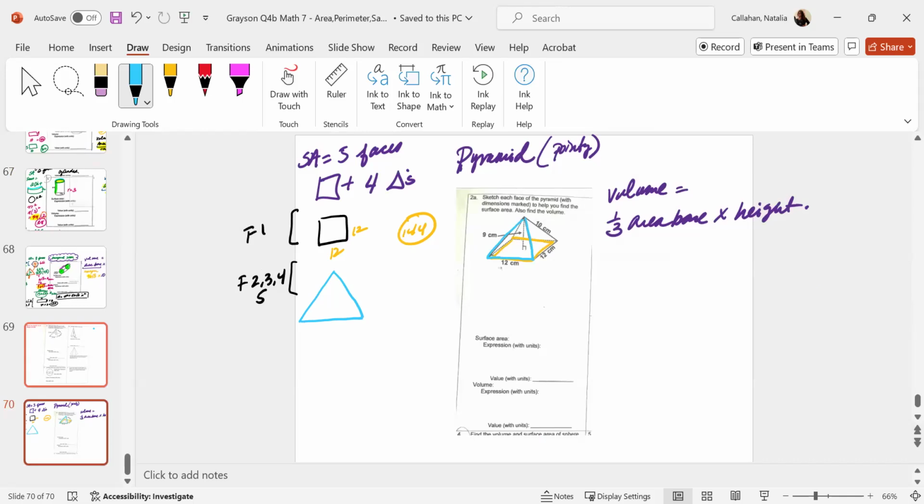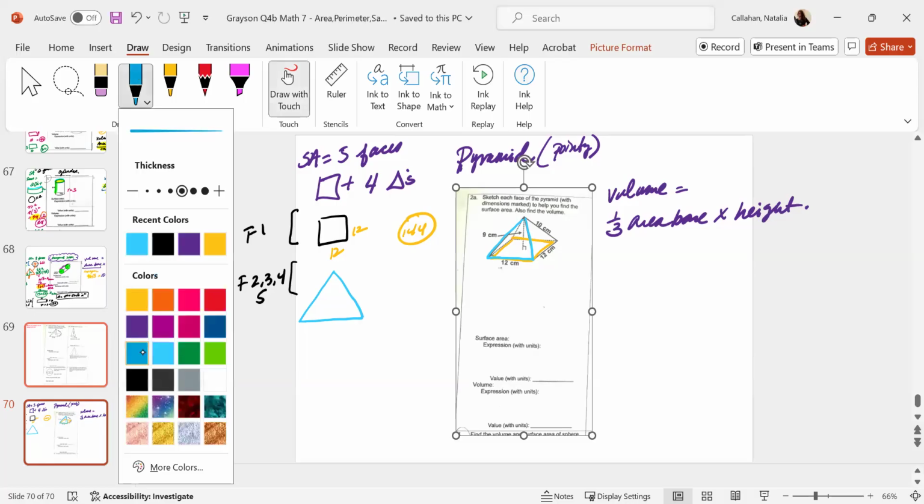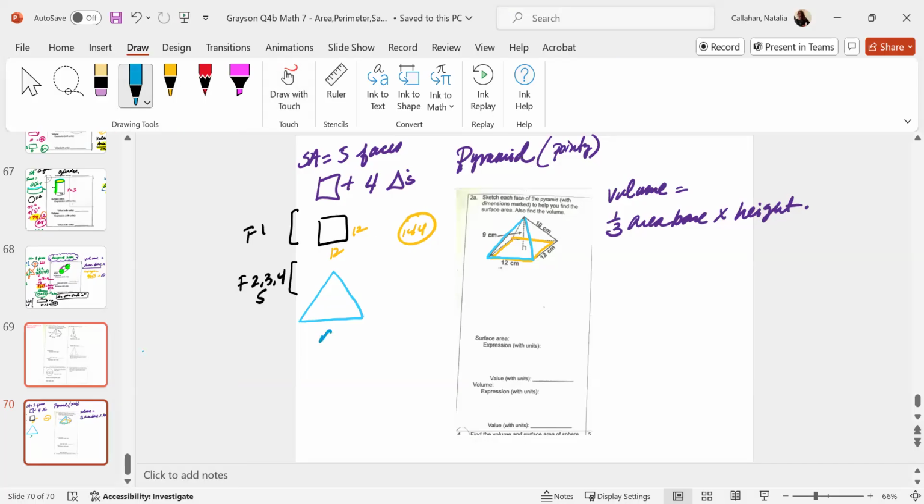Okay, so then let's look for this. You need to go ahead and find the base. What's the base? Base of it is 12. What's this height? It's not 10.